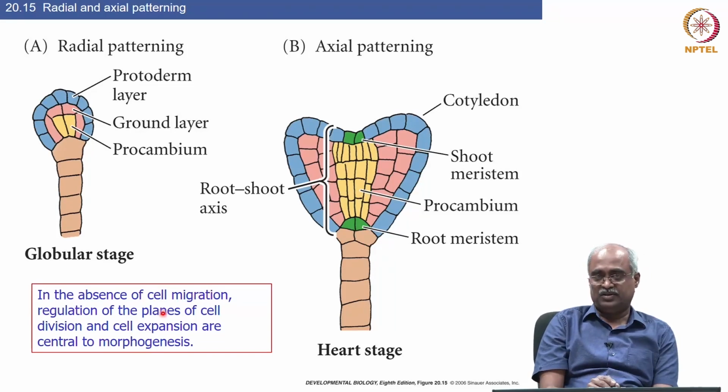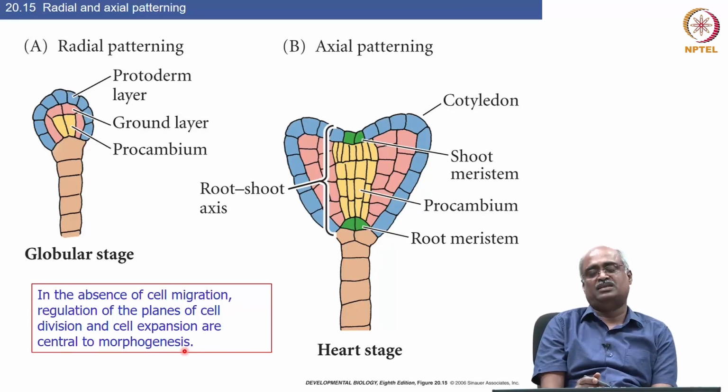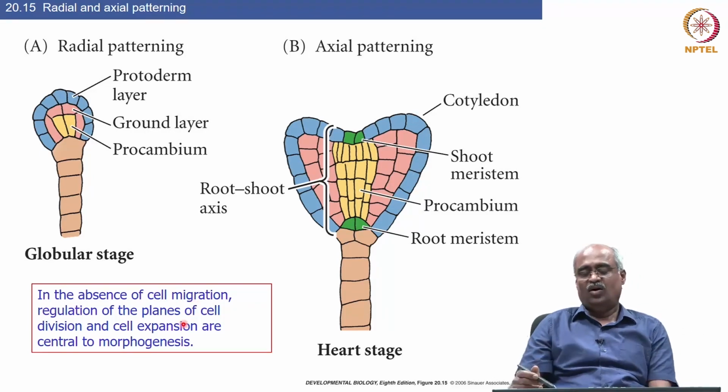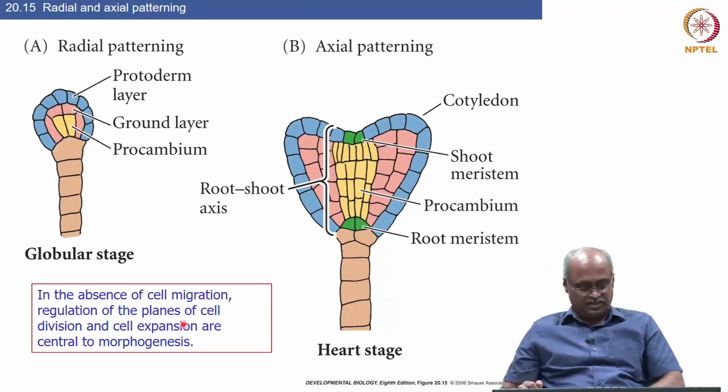There is no cell migration, so therefore planes of cell division and cell expansion are important, and only by changing these two, all the different shapes are generated. That thought itself is quite fascinating. Without migration, simply by changing the direction of expansion and the plane of cell division, you can create a variety of shapes. So now let us move to the auxin discussion.